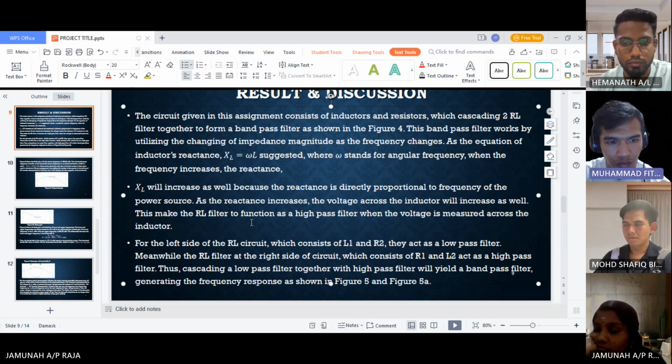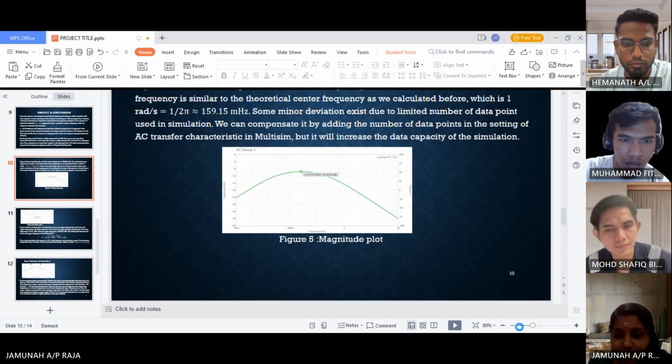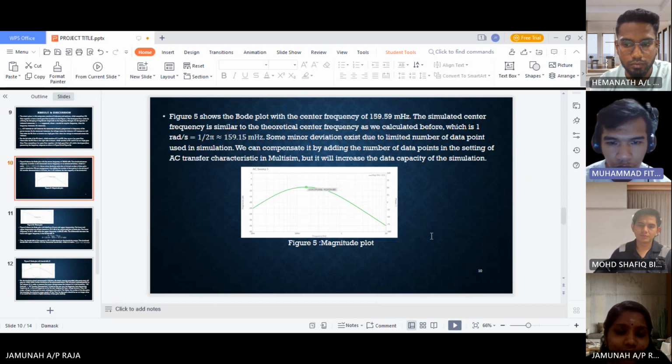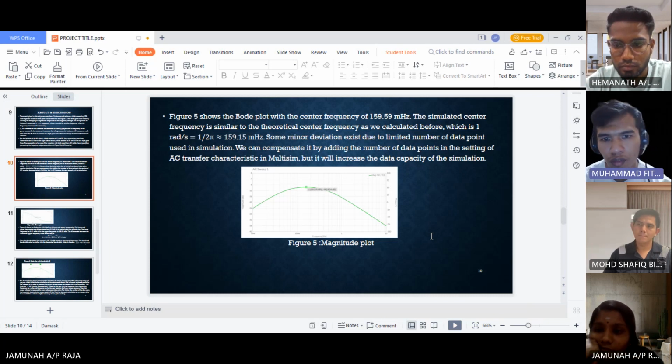Next please. So this one is figure 5, the magnitude plot. Figure 5 shows the Bode plot with a center frequency of 159.59 MHz.